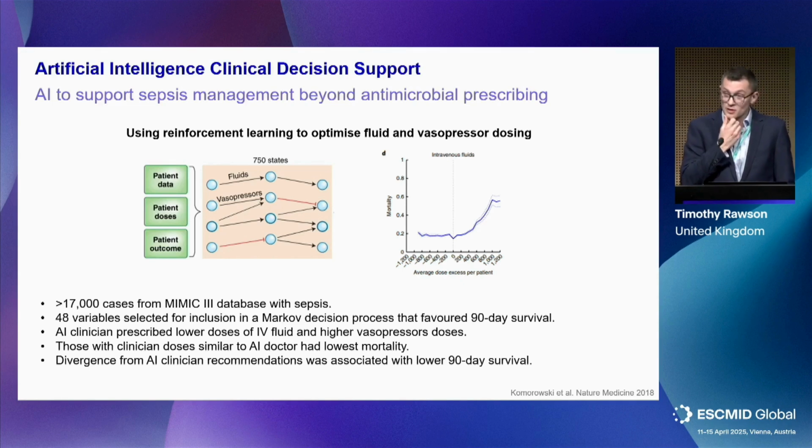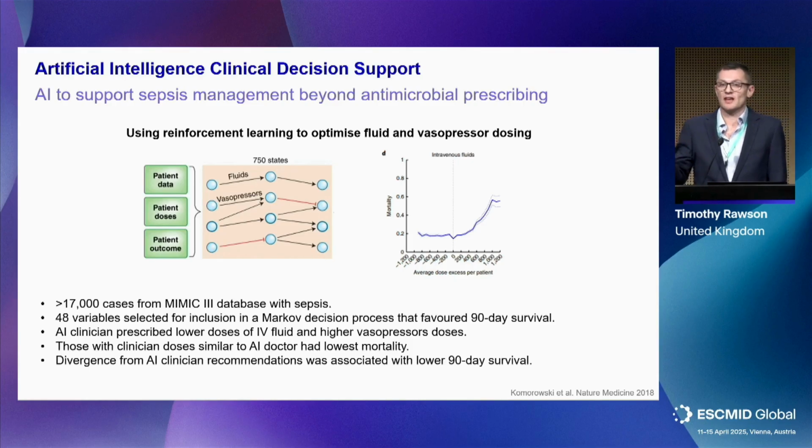It was published in Nature Medicine in 2018, essentially developing a reinforcement learning approach to optimize fluid and vasopressor dosing within patients with sepsis. They were able to take a large number of patients from an open source critical care data set, MIMIC-III, select 48 variables and train a Markov decision process that was able to favor 90-day survival in patients.